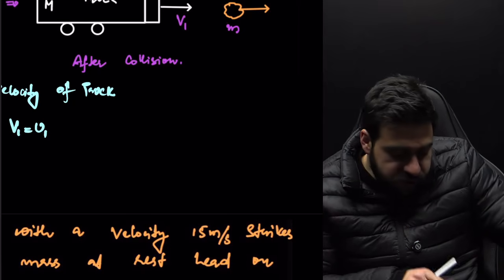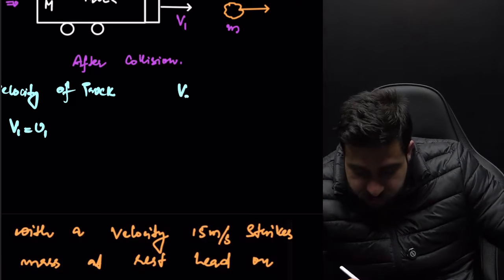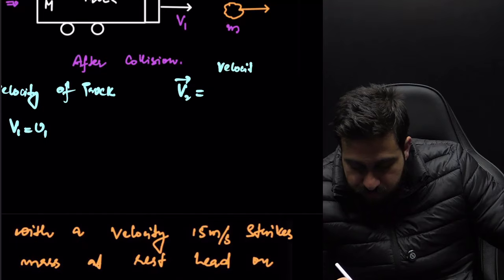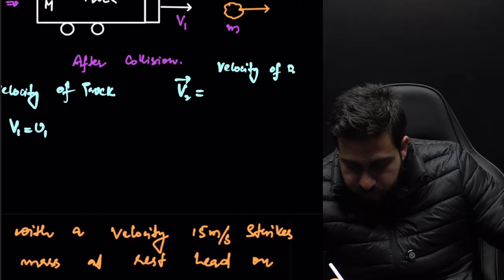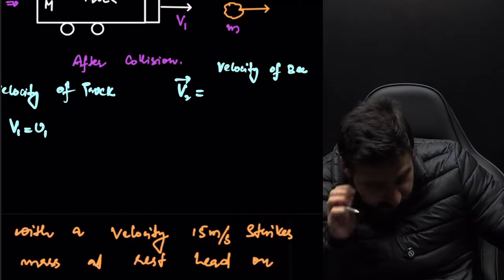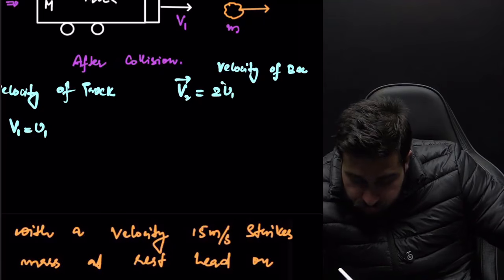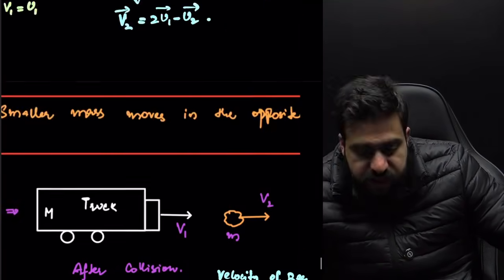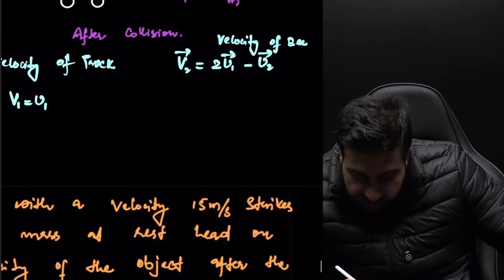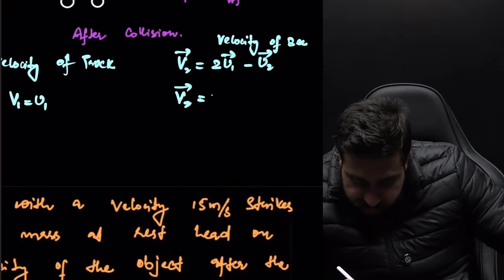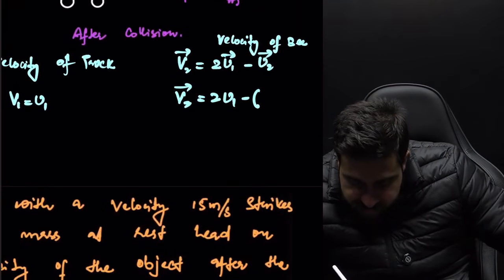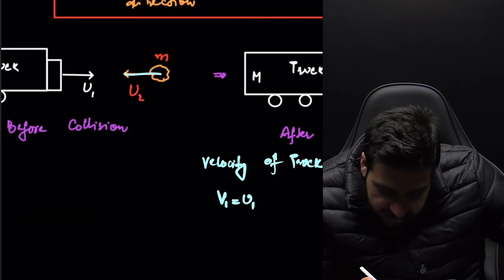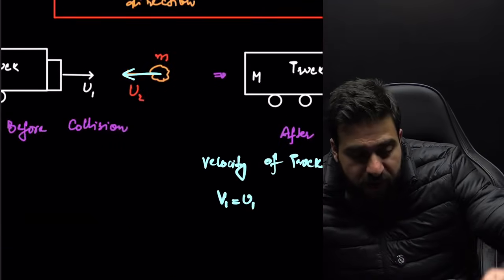And what is the velocity of B in this particular case? v2 equals 2 times u1 minus u2, the same formula we studied recently. But what is the value of u2 here? u2 is negative, because B is moving in the backward direction.